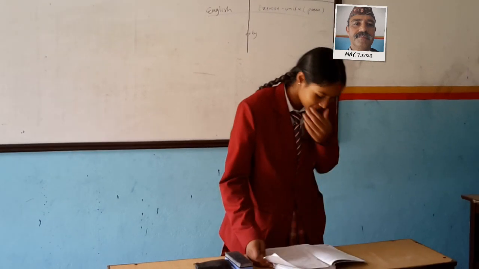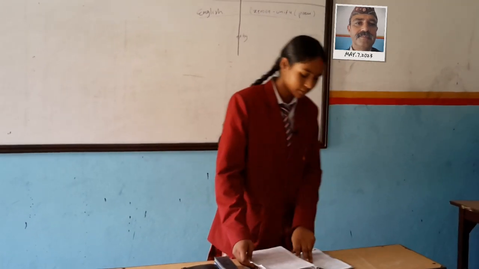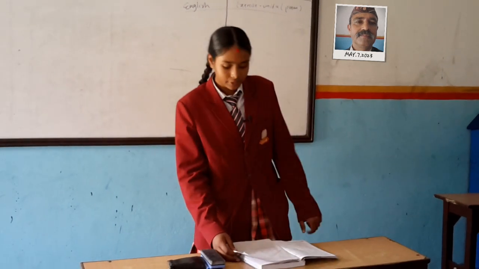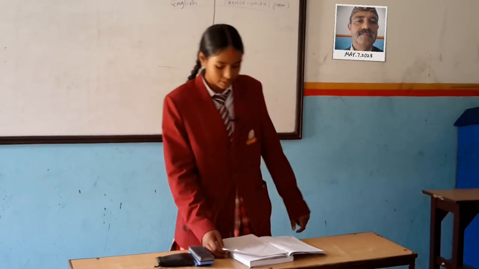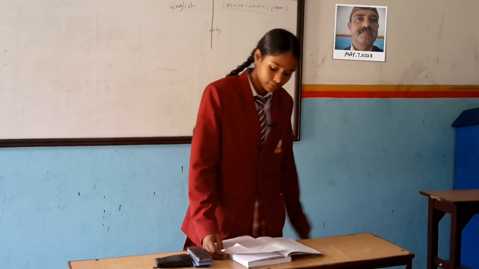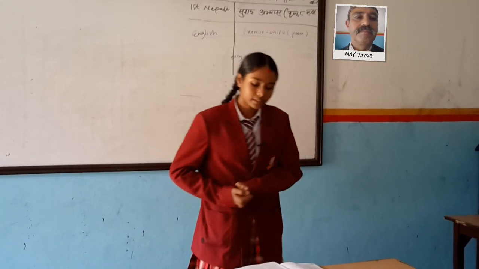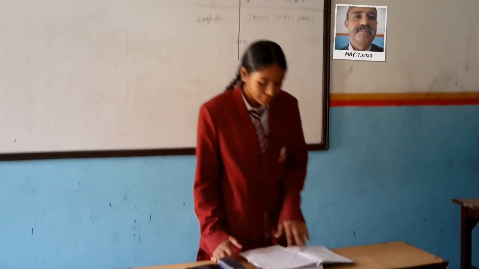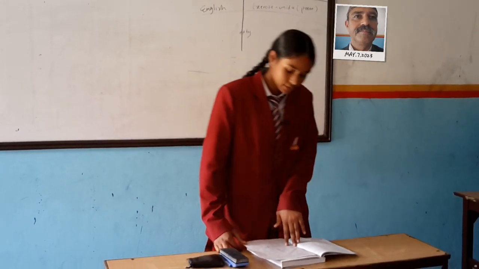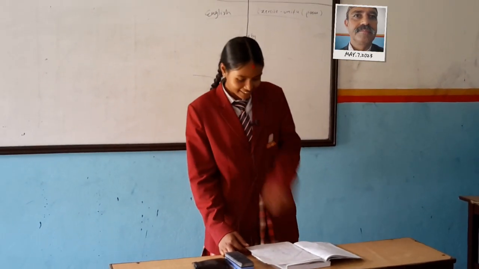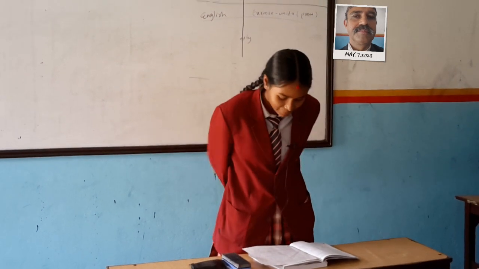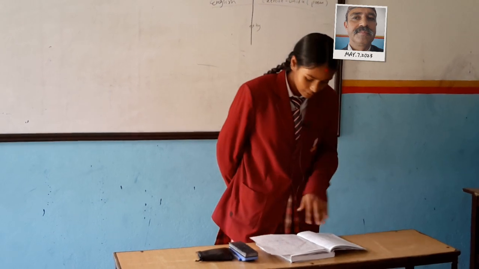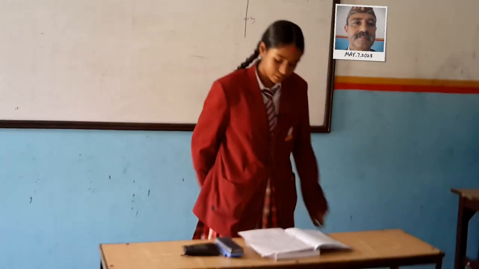Now I would like to present derived units and their relation with fundamental units. The derived unit of the quantity area is m squared, and the fundamental unit involved is m into m, and its formula is L into B. The derived unit of the quantity volume is m cubed, the fundamental unit involved is m into m into m, and its formula is L into B into h.